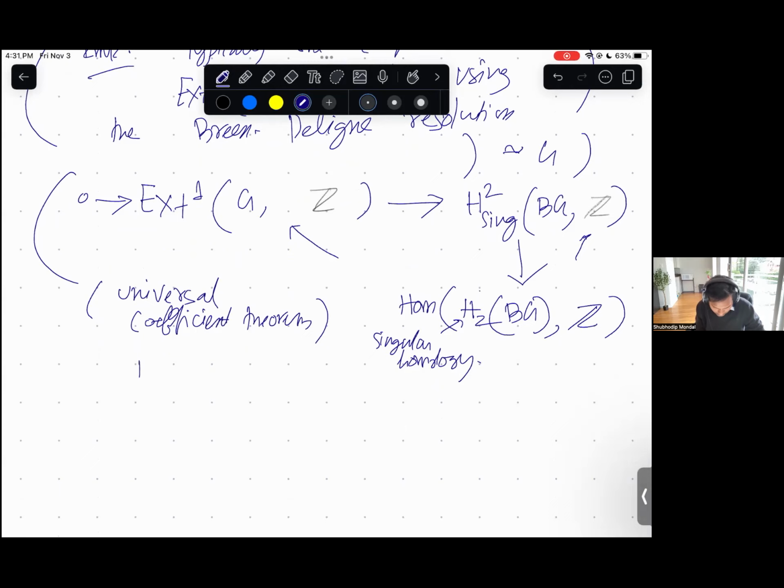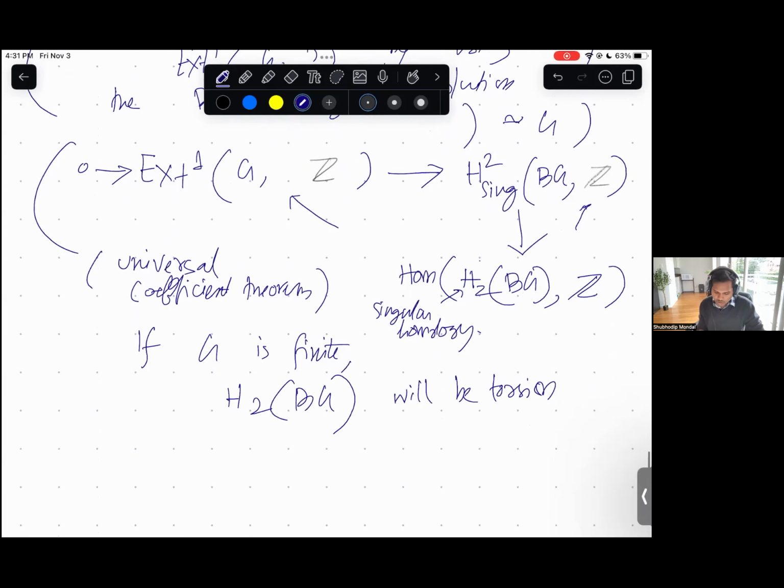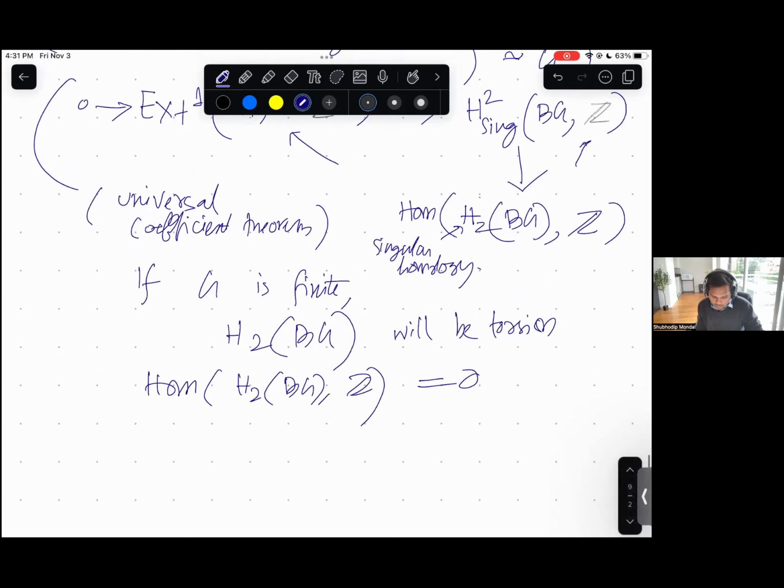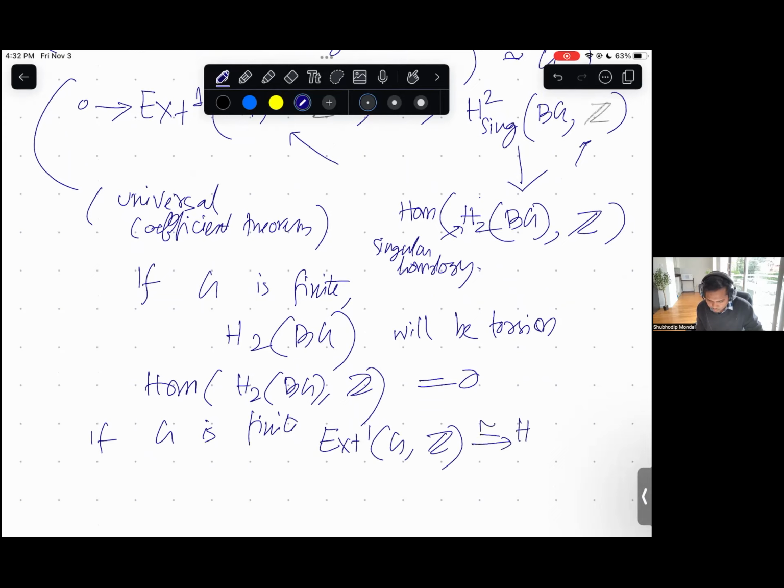Now if we further make the assumption that G is finite, then H_2 of BG, singular homology, will be torsion, and therefore the Hom group must be 0. So if G is finite, we see that Ext^1(G, Z) is just isomorphic to the singular cohomology of BG.